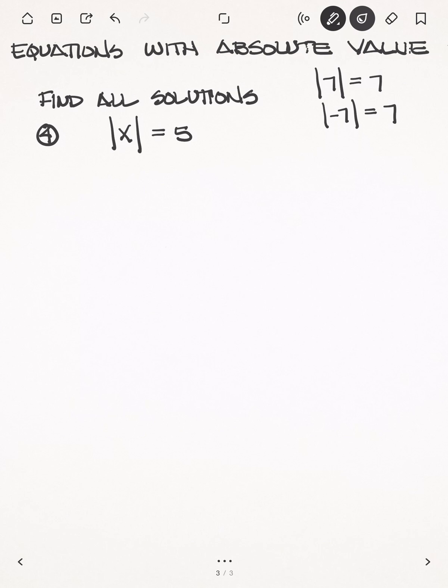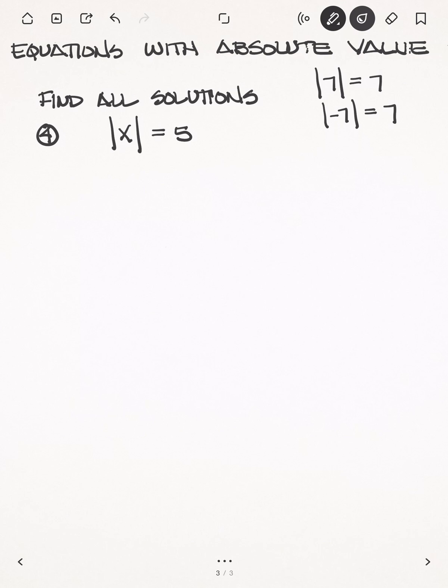So when you take the absolute value of any number, you're going to get a positive answer. So I want to know what x could be that if we took the absolute value of it, we would get a positive 5. Well, you can see over here when I did this problem, I got a positive 7 two different ways. I put in a plus 7 and I put in a negative 7. So what would happen if x was negative 5?